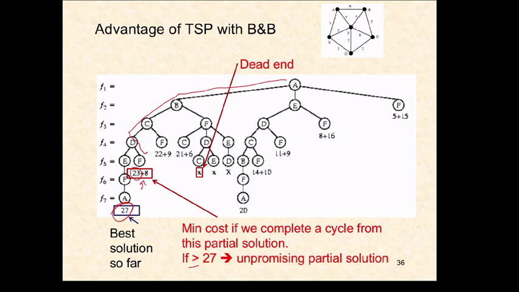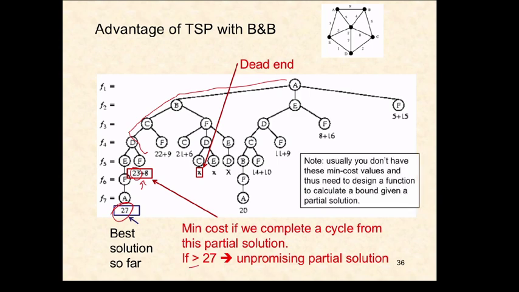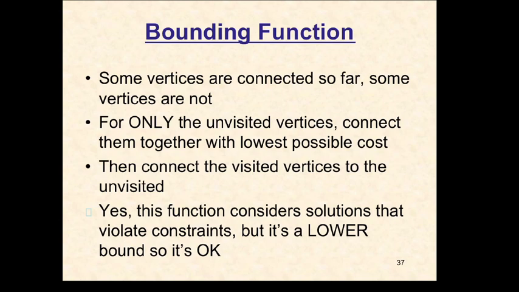So we've got to have this function that gives us an estimate of the remaining cost. We don't usually have these min cost values, so we need a function to estimate those. When we're doing this, some vertices are connected so far and some are not.